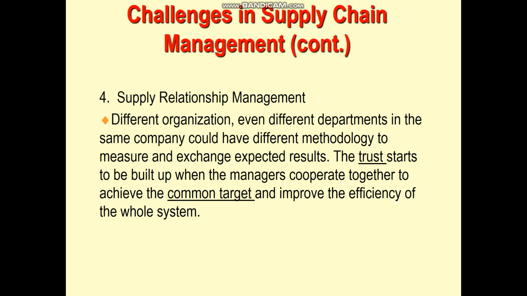For example, I need 1,000 products, and my competitor also needs 1,000 products. However, the supplier only has 1,000 products. So who will they sell the products to?